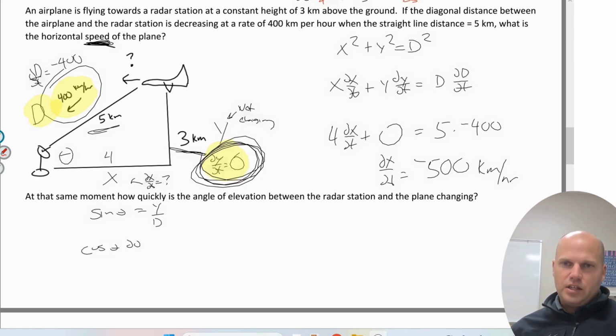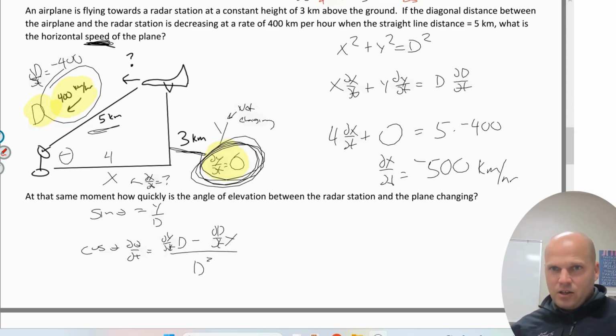So I get cos theta d theta/dt equals dy/dt times d minus dd/dt times y, over d squared. Cos theta is adjacent over hypotenuse. Cos theta is 4/5. I have 0 minus dd/dt times y over d squared.